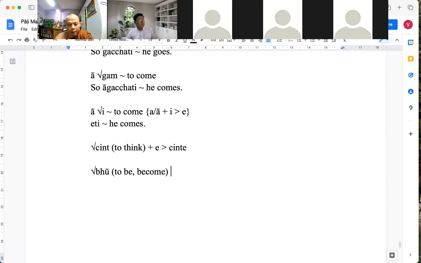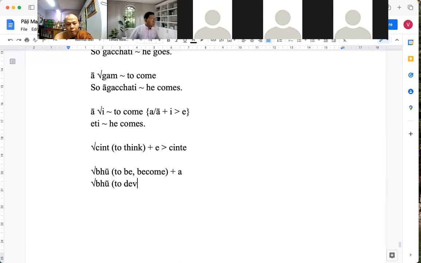At that time we use the sign up. Like the root us, root us is also to be, but root boo is also to be. And the same root boo.